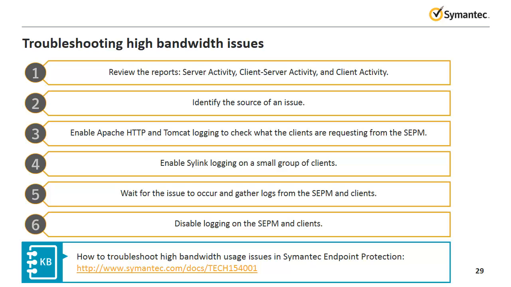You will also need to enable Sylink logging on a small group of client computers and wait for the issue to occur. Gather all logs from the SEPM and clients for analysis, and then disable logging on the SEPM and clients. Note that you can use network throttling for performance issues during content distribution.